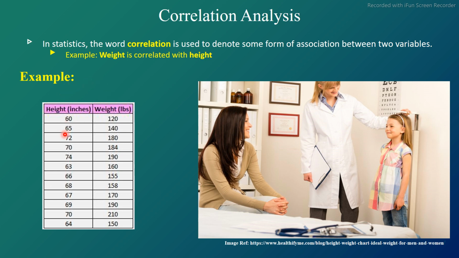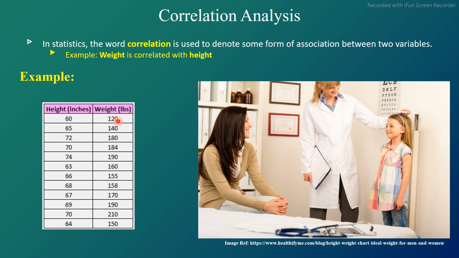But by looking at this height and weight, you can say yes, those who have a greater height have a higher weight. But here, at 64 the weight is 150, while at 63 the weight is 160. So there are some data points where weight and height are not in accordance.